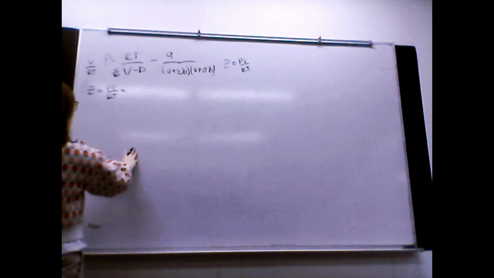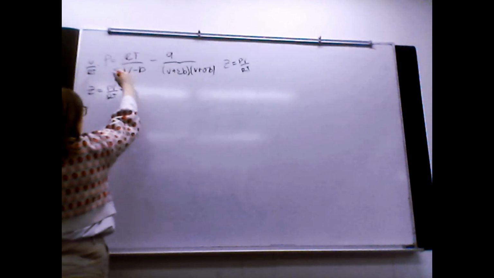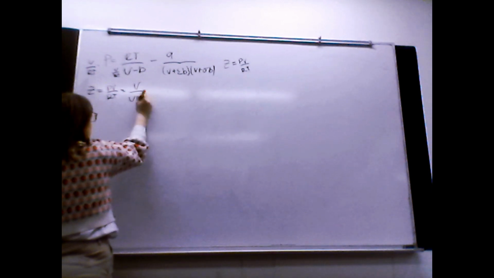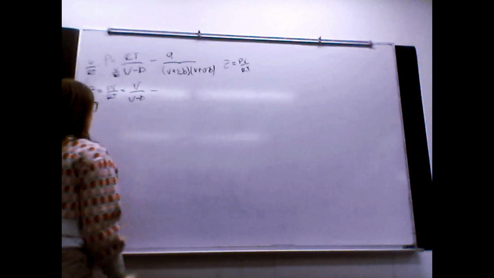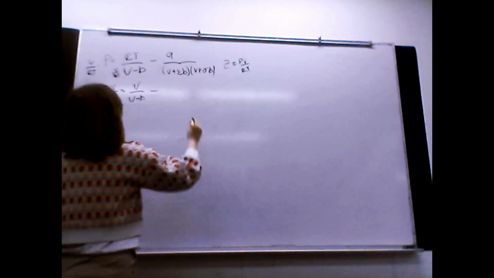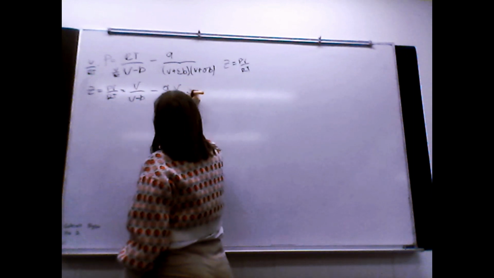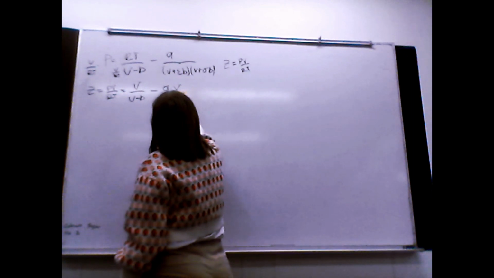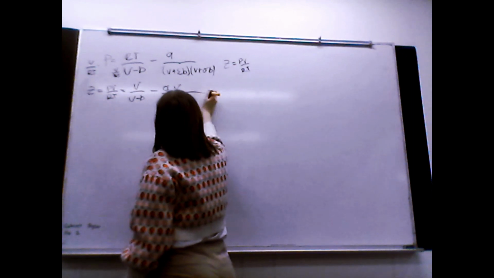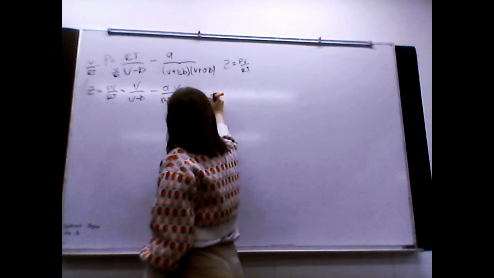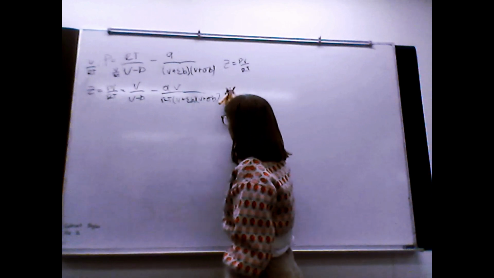Okay, and then the RTs cancel out here, so you have V over V minus B. And then over here, you're just going to have A, V over RT, (V plus epsilon B)(V plus sigma B).